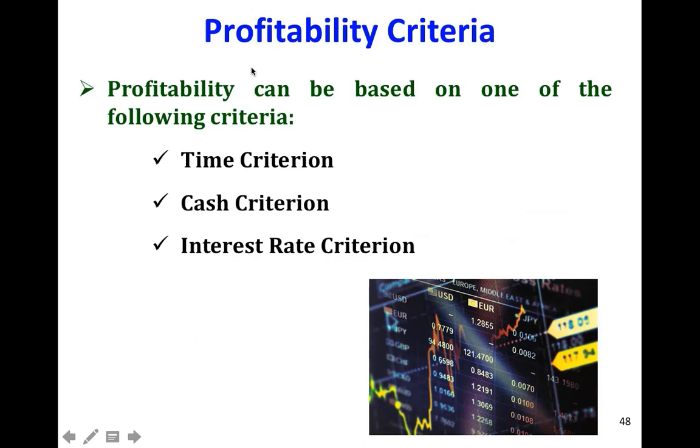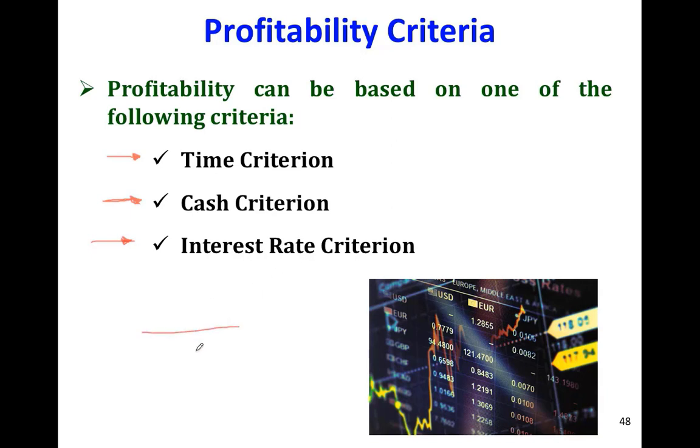So when we talk about profitability, there are different criteria for the profitability. Okay, so when you want to do some profitability analysis, you can consider the time that you are getting your profit, or the amount of the cash you are getting, or the interest rate. Okay, the rate of your profit.